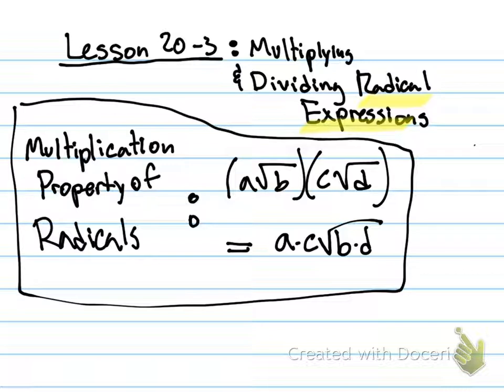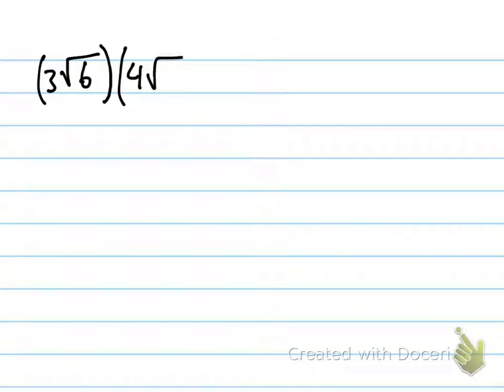Let me just erase this. The erase button is erase all strokes. And so what we're going to do is we're going to have 3 times the square root of 6, times quantity 4 square root of 5.